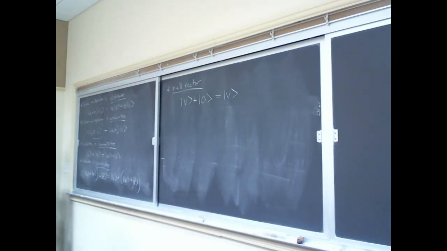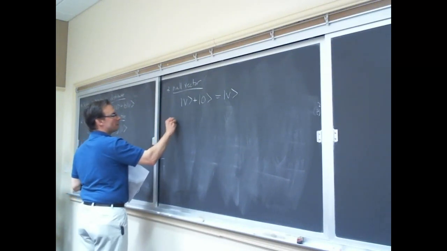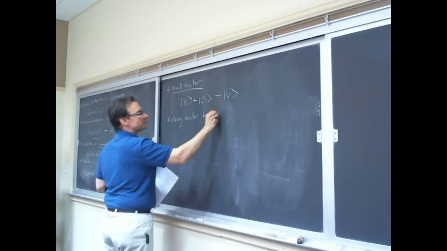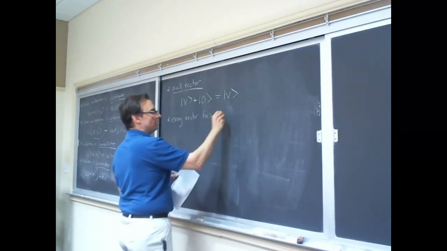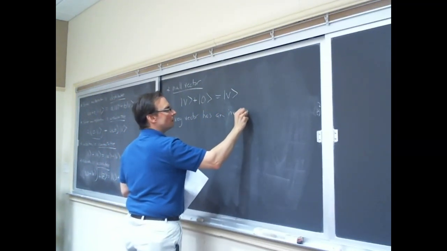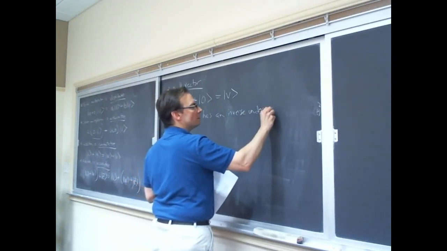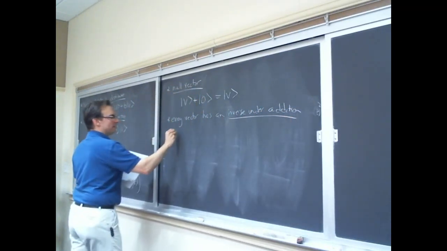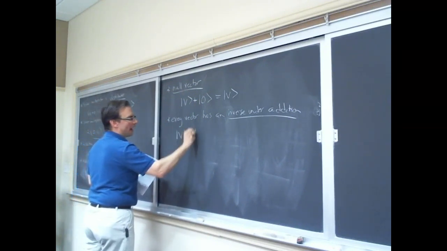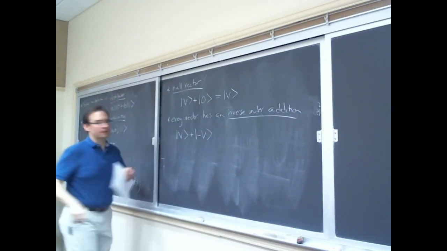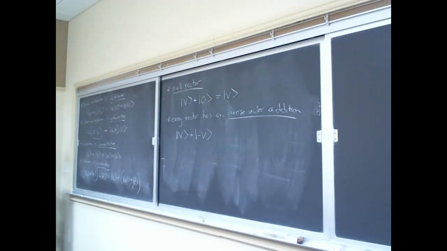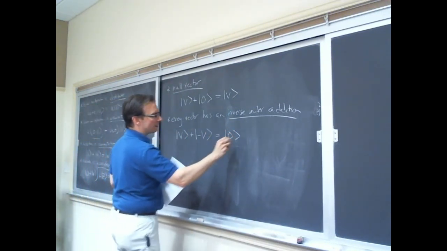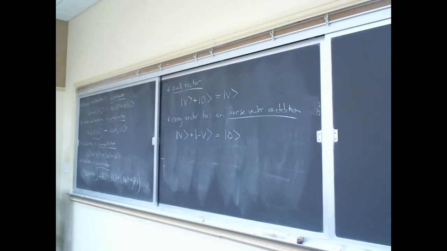And then basically every vector has an inverse under addition. And basically what that means is that if you take V and you add its inverse vector to it under addition, which I'll denote negative ket V or ket negative V, you get the null vector back. So they cancel each other out and you have the null vector.